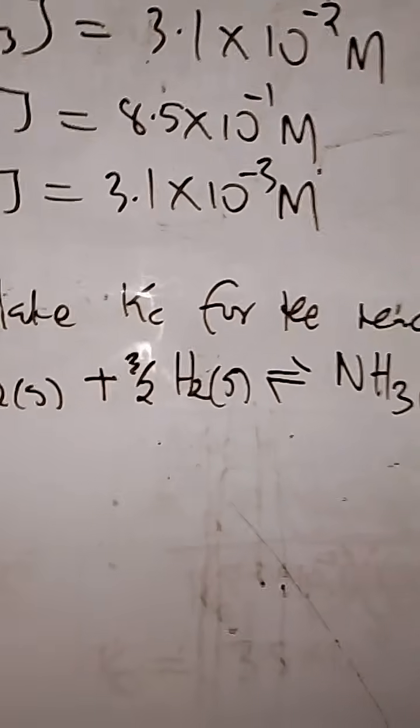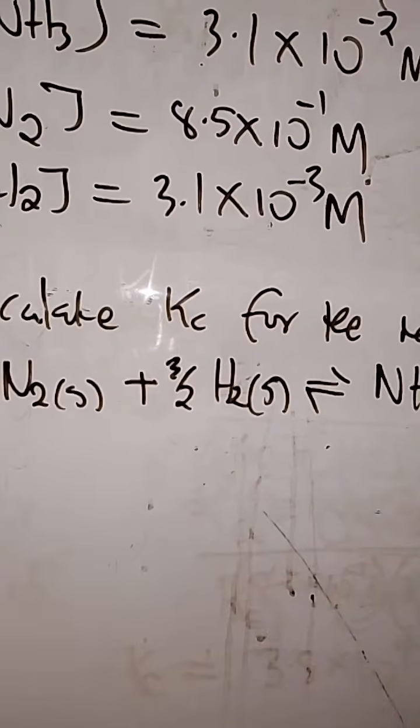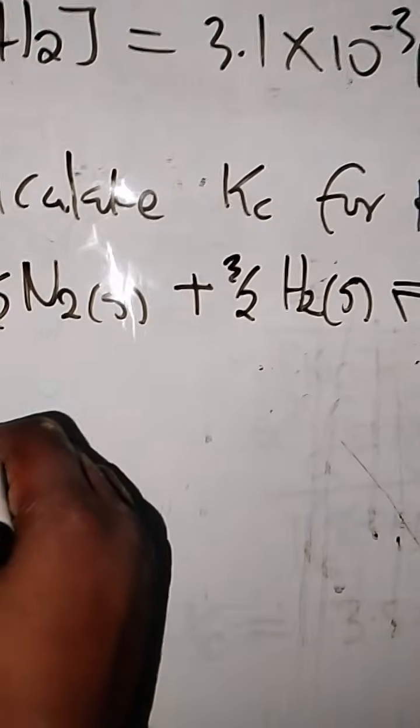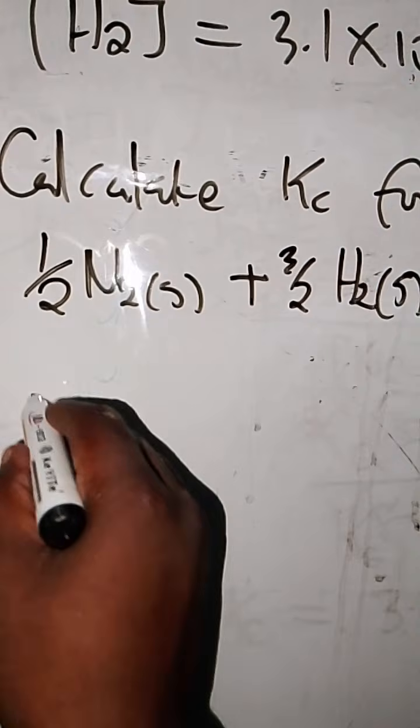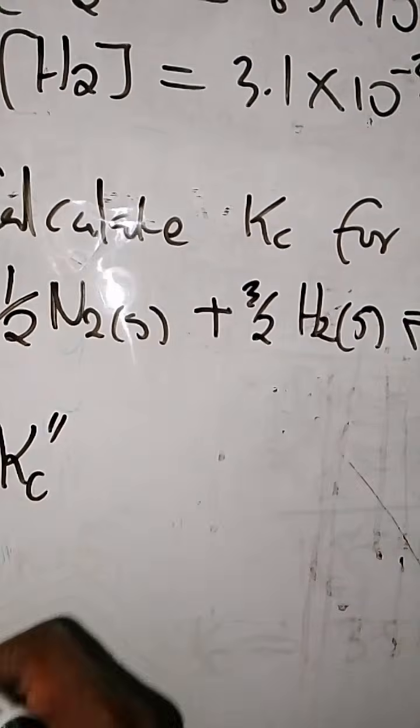Okay, so the coefficients have now changed. In this case, we write Kc double prime.